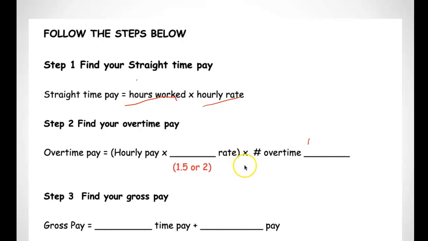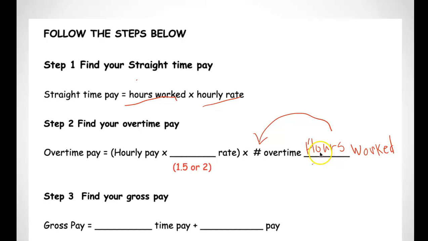And then it is the number of overtime hours worked. Think of this right here as a number. So let's say you got 5 hours of overtime. That number would go in here.